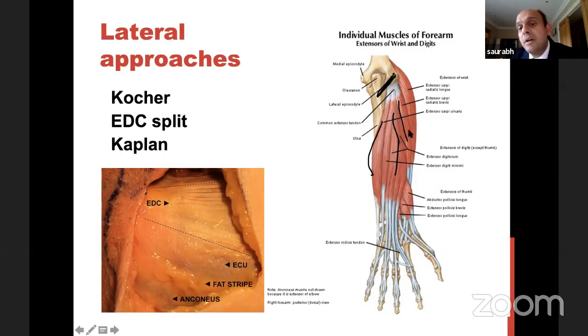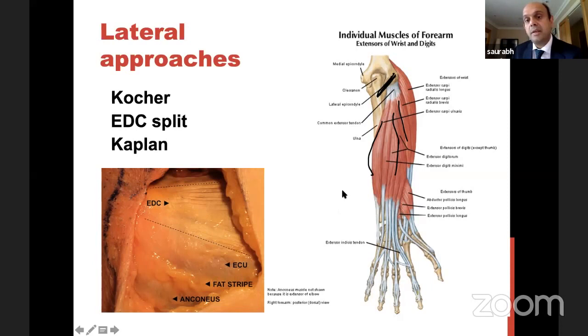And then if I go further anterior between EDC and ECRB, this black line, that's my Kaplan approach. Again, for exam purposes, remember Kocher approach, because when I examine candidates, more often than not, they mention Kocher. So remember one approach, Kocher's approach, and you know the internervous plane, anconeus and ECU.